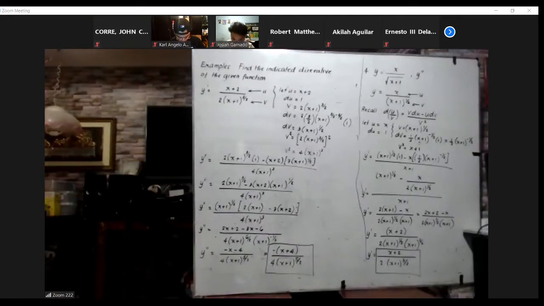So it becomes now 2x plus 2 minus 3x minus 6 all over 4 times x plus 1 raised to 3 over 2 multiplied by x plus 1 raised to negative 1 half. And then negative x, then minus 4 over 4 x raised to 5 over 2, or negative the quantity of x plus 4 divided by 4 times x plus 1 raised to 5 over 2. Okay.